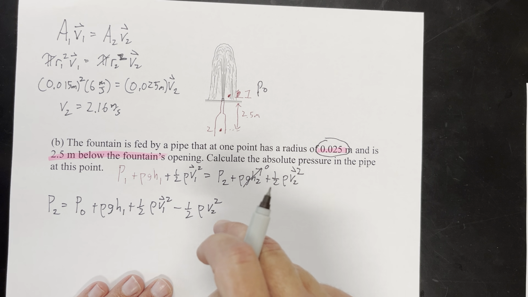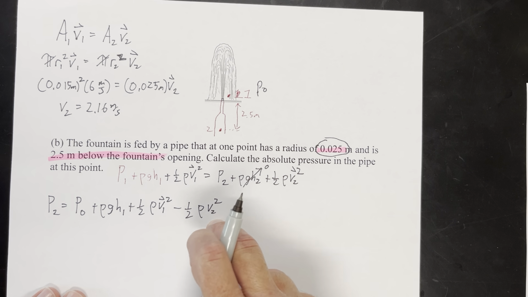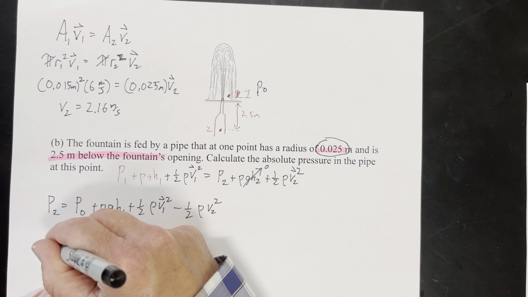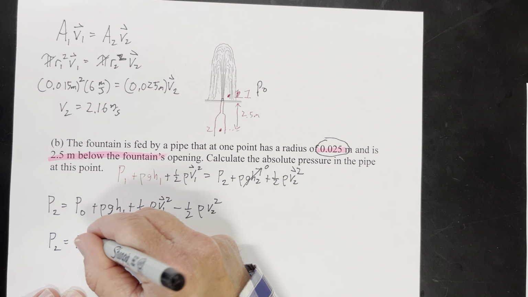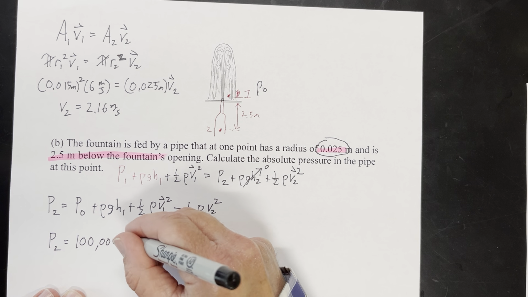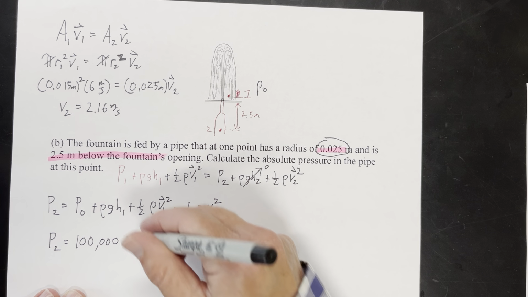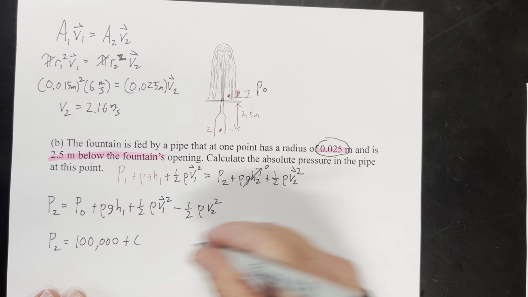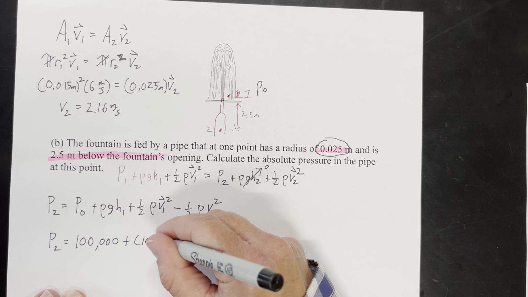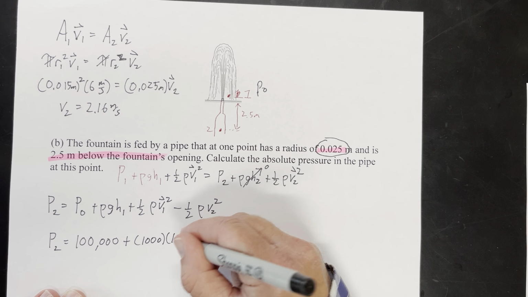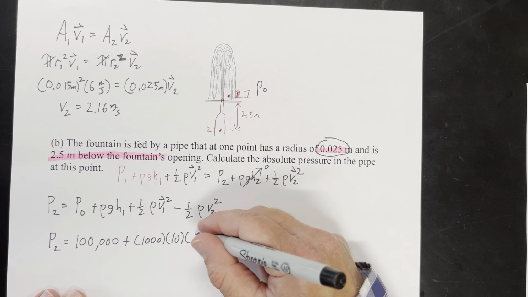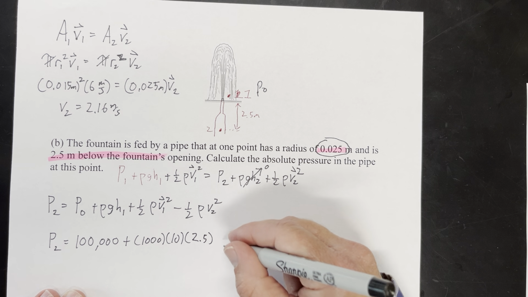So now, let's start to plug in all of these numbers now that we know that second velocity there. So the pressure at point 2 is going to be 100,000. And I know I'm a bad physics teacher here, but I can't be bothering to write in all these units with all these numbers. The density of water is 1,000. Gravity is 10. The height at point 1 is 2.5 meters.